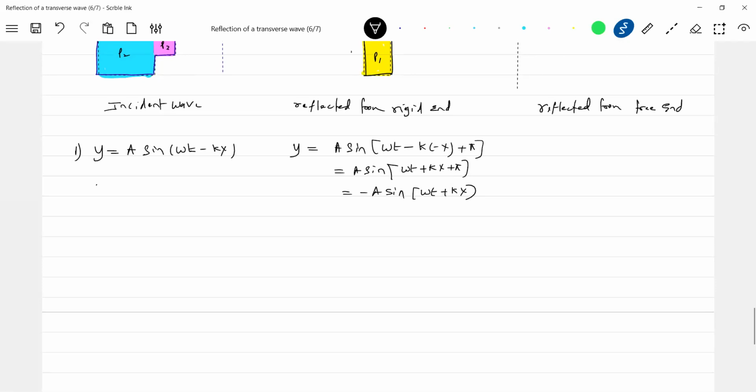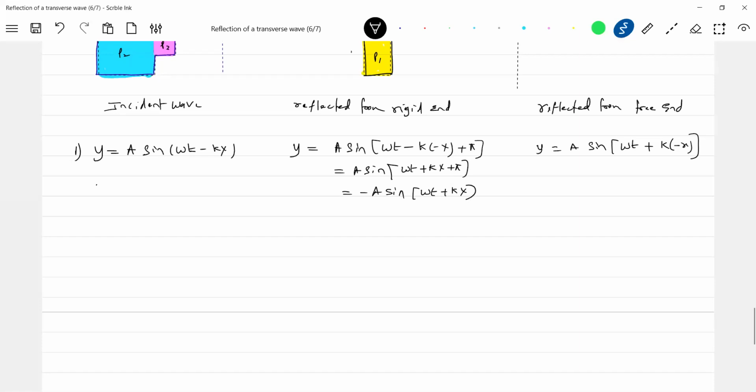Got it? Similarly for the free end, we'll see what will happen. y is equal to a sin. Direction of motion will change, no? So therefore what should we write? Incident wave moving along positive x-axis.